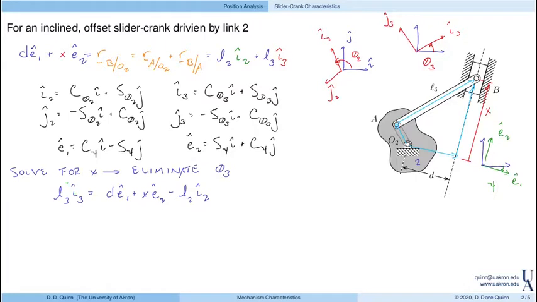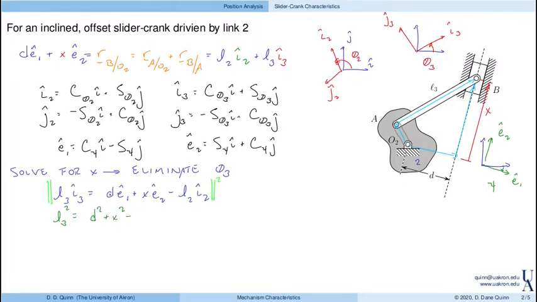So notice that we have isolated this term L3 I3, which contains the unknown that we'd like to eliminate, theta 3. And now we'll just take the magnitude squared of the left-hand side and the right-hand side. And the easiest way to do that is just to dot each side with itself. So this term on the left becomes L3 squared. Here, and you can work these out, you end up with d squared plus x squared.